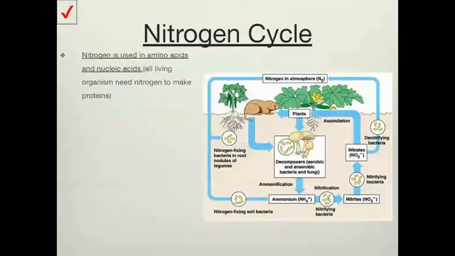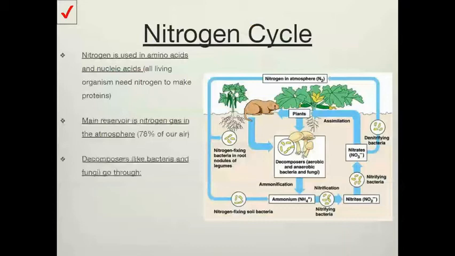The nitrogen cycle. Nitrogen is used in amino acids and nucleic acids. All living organisms need nitrogen to make protein, so this is what's found inside your DNA. That's kind of important. The main reservoir is the nitrogen gas in the atmosphere, roughly 78% of our air. Decomposers, such as bacteria and fungi, are incredibly important because they go through a process called nitrogen fixation.